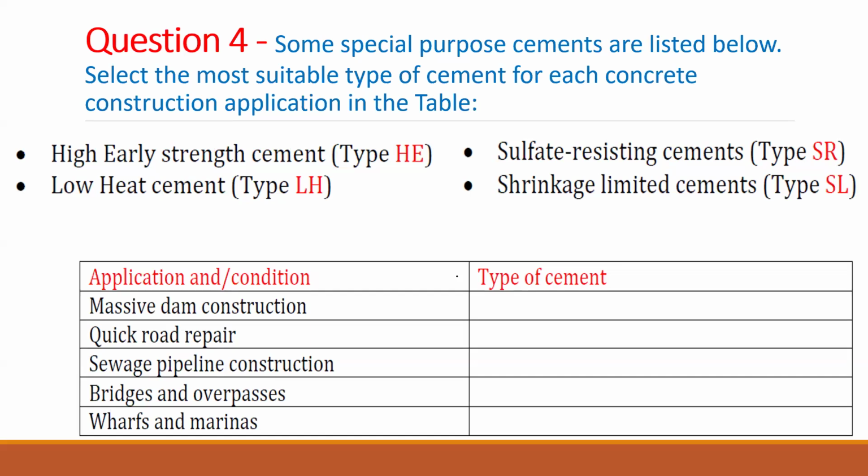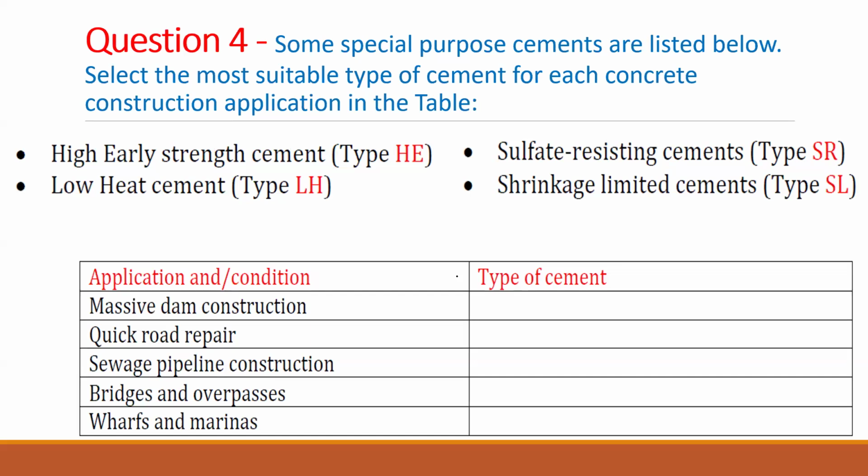In a massive dam, you don't have that hurry to open, it's a big construction. Would it be shrinkage? Not really. A massive dam is a huge amount of concrete, and the reaction is producing a lot of heat.